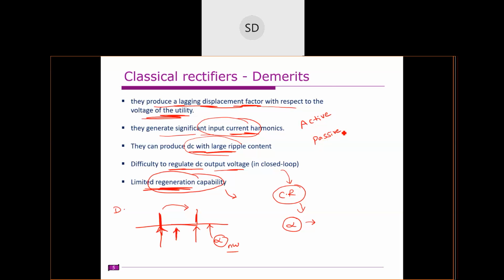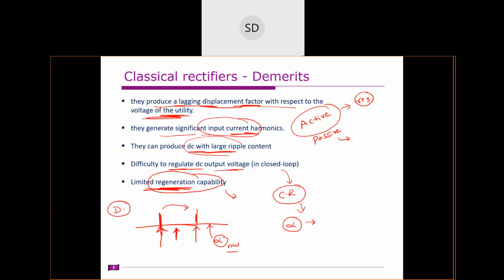A passive load cannot feed power back to the source, but an active load can regenerate, meaning some amount of power can be fed back to the AC source or any source. But diode bridge rectifiers are not regenerative.